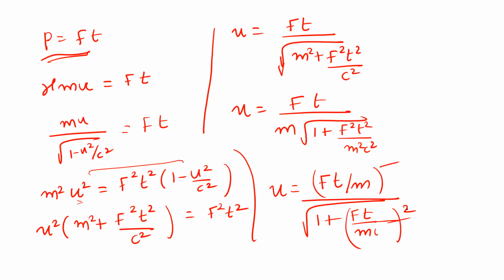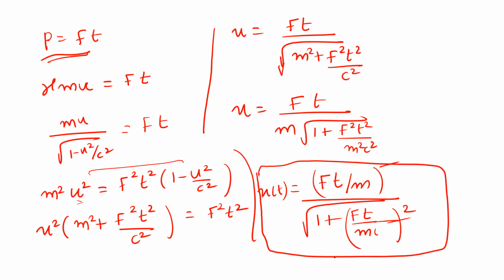This is the velocity, u as a function of t. This is the question that was asked, I think in June 2012 or so: u of t is equal to Ft by m divided by the square root of 1 plus Ft by mc whole square.